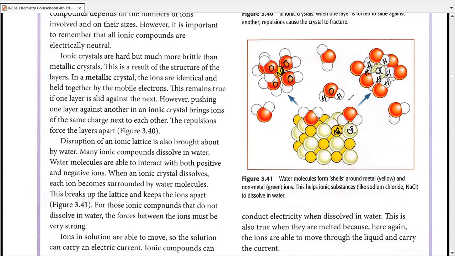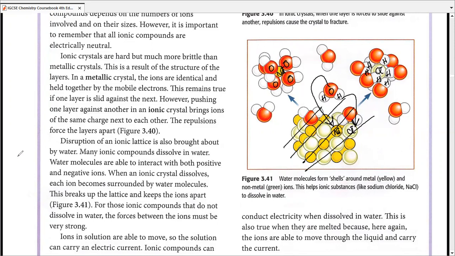So the good part is that hydrogen tries to attract the chloride ion and oxygen tries to attract the sodium ion. So they take ion by ion, separate them, break down the whole lattice into many smaller parts, and then surround those ions.